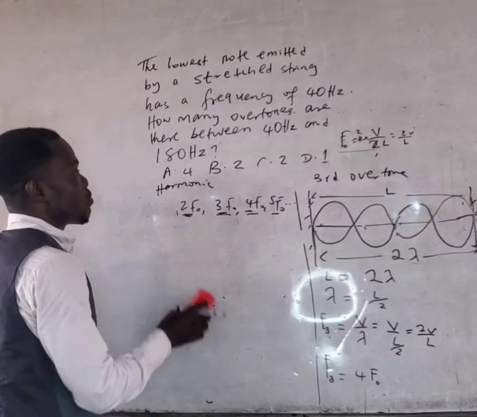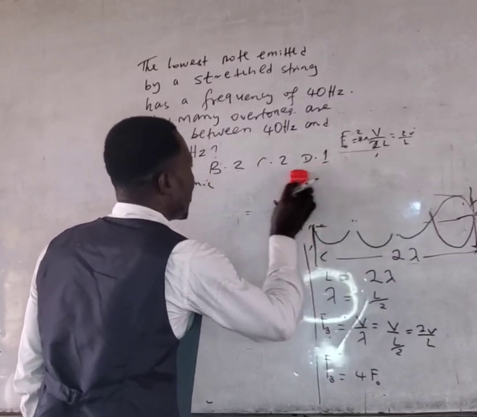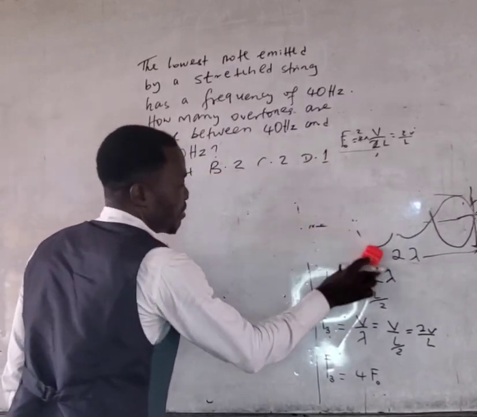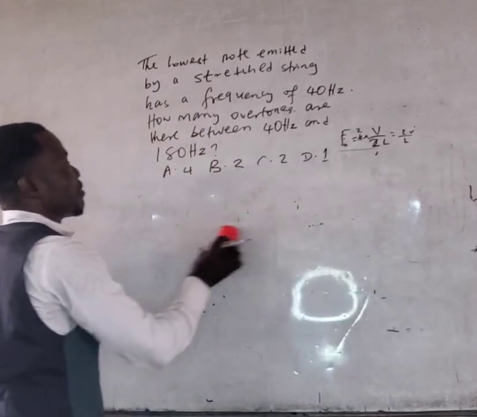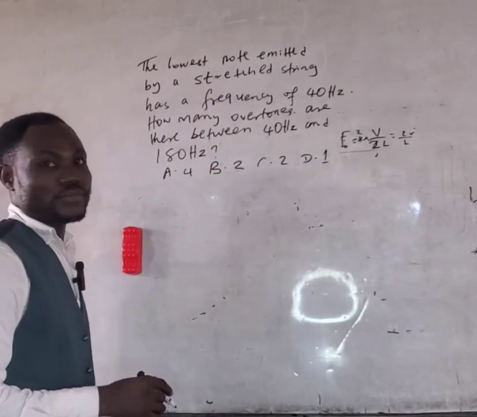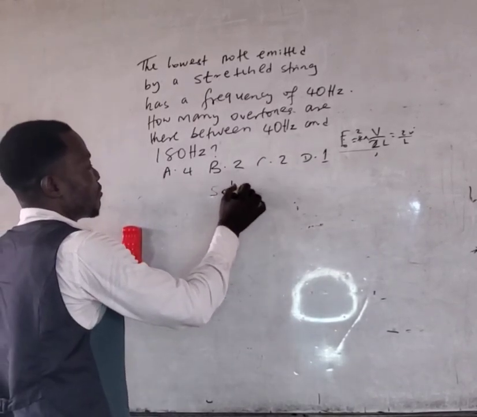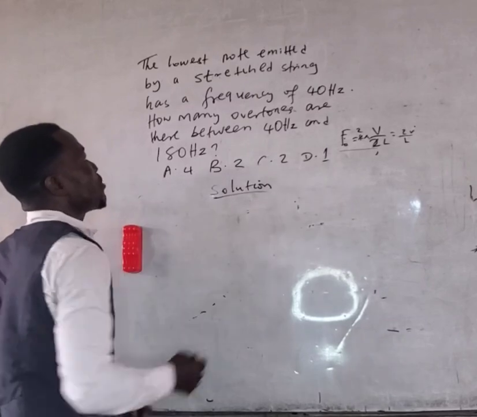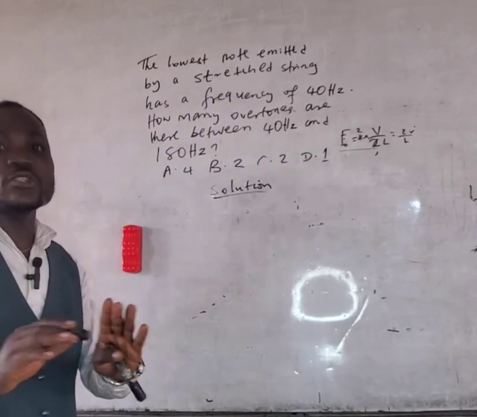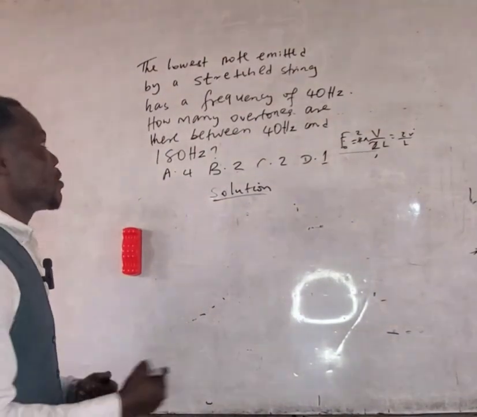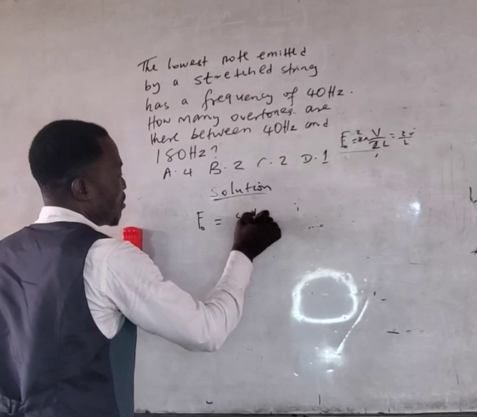So now let's go back to this question and get our answer. Solution to this question: they say the lowest note emitted by a string, the lowest note will have its lowest frequency, which is the fundamental frequency. So the fundamental frequency of the string is equal to 40 Hz.